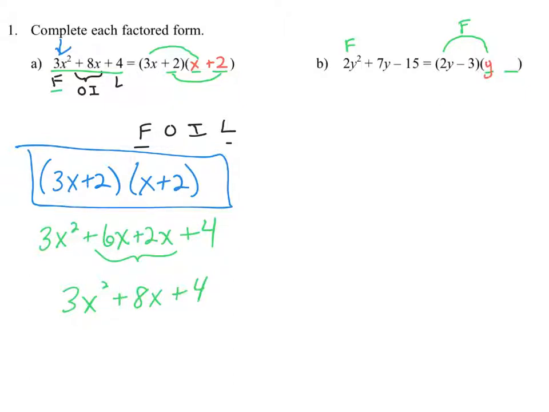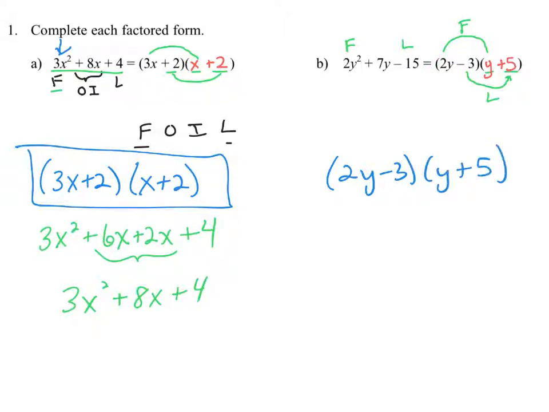Now the last is going to be the negative 3 times this quantity, which will give us the last term of negative 15, and that's going to have to be positive 5, because we know negative 3 times positive 5 is negative 15. So we want to say that the factors are 2y minus 3 and y plus 5.